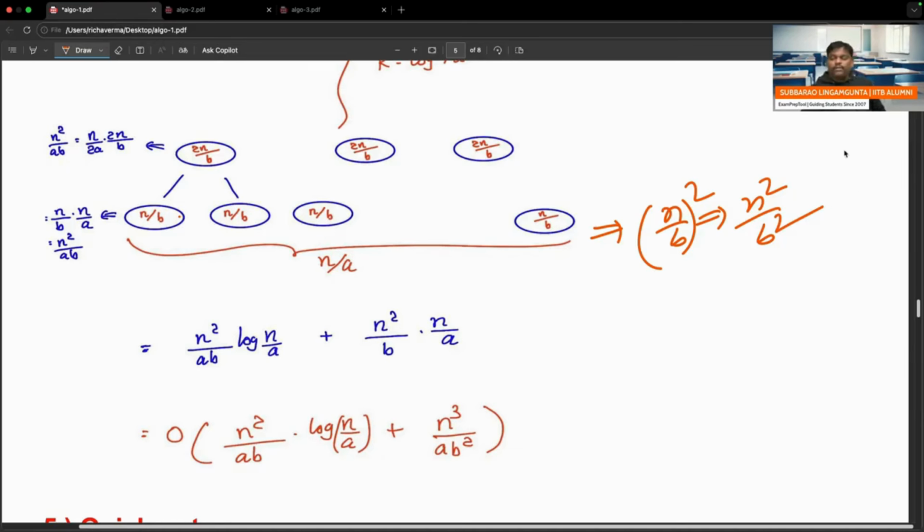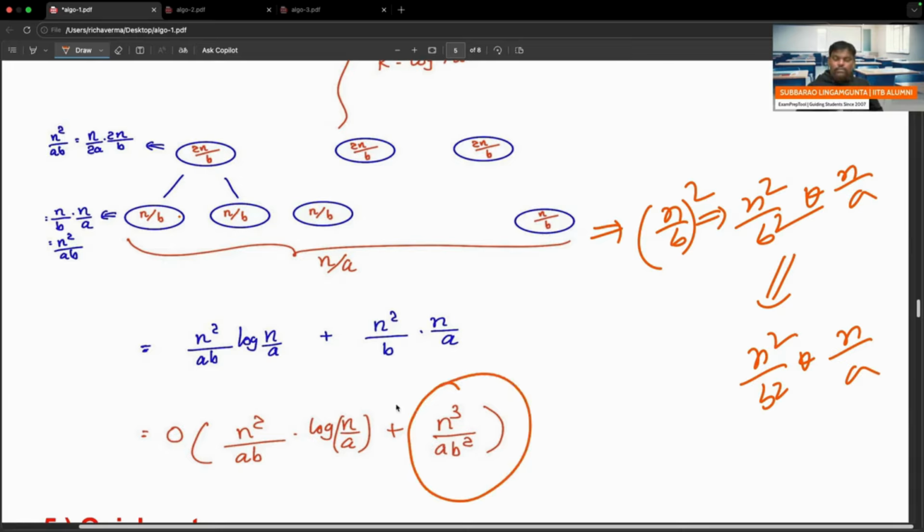But how many groups are there? N by a. So it goes to n square by b square into n by a. Verify if anything is missing. I am talking about the first level cost.